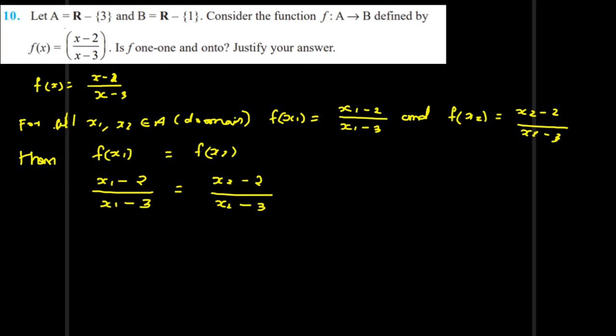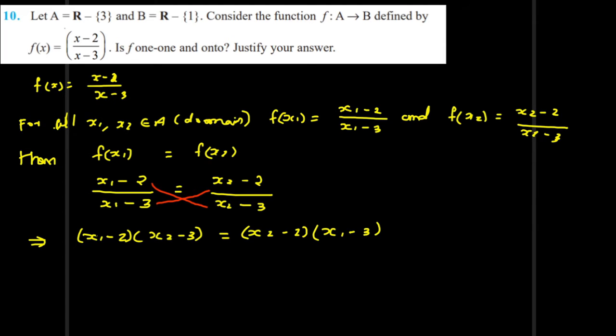Okay, so you cross multiply these two, and this implies (x1 minus 2) into (x2 minus 3) equal to (x2 minus 2) into (x1 minus 3). Then you remove the brackets.